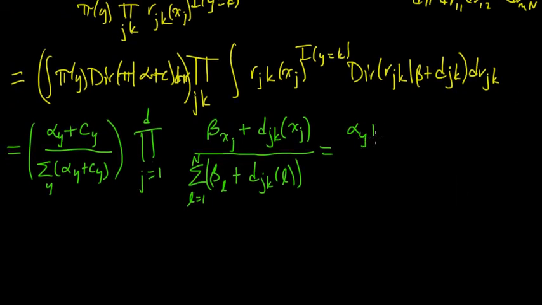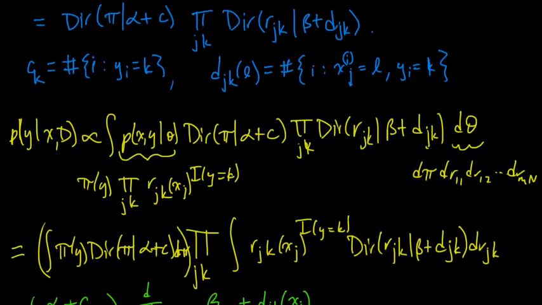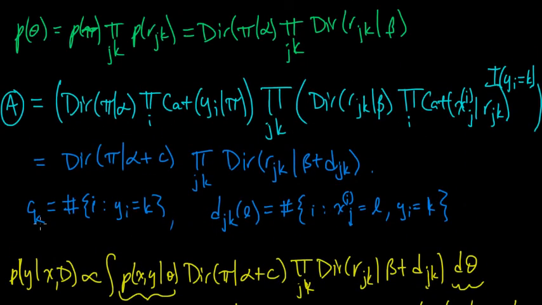This is alpha y plus c_y. I'm going to run out of space there, so let me go to the next line. This equals alpha y plus c_y divided by the sum of the alphas. Let's define that to be alpha 0. Plus the sum of the c_y's. And what's the sum of the c_y's?